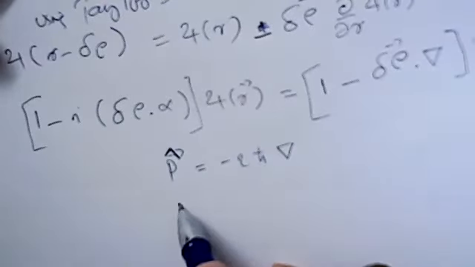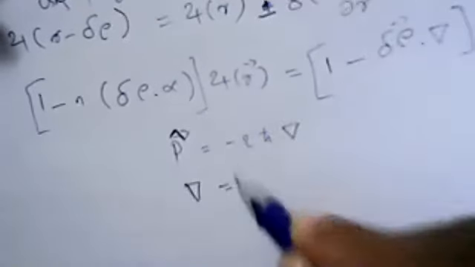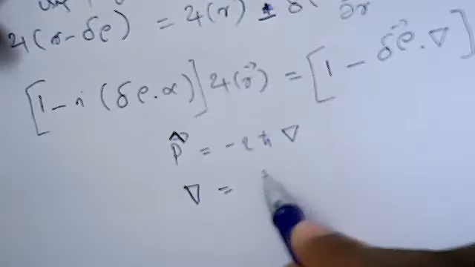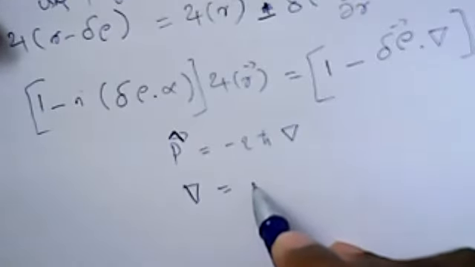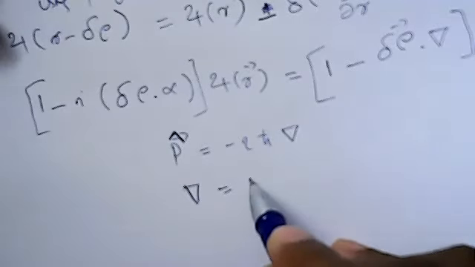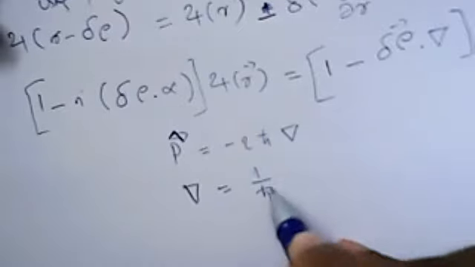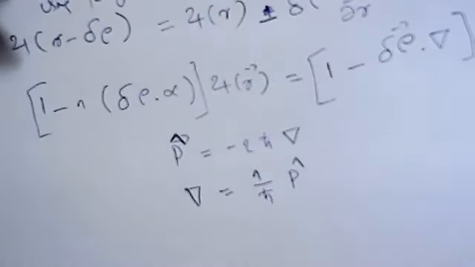So instead of del, you can write, let this minus I h cross go to the other side. So it is I by h cross into P. So you multiply with an I on both sides.